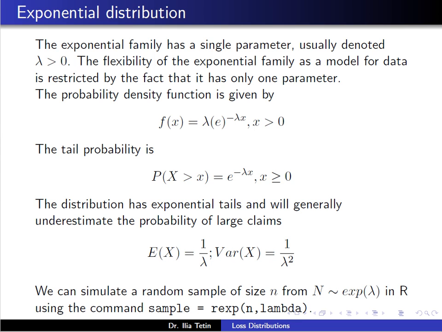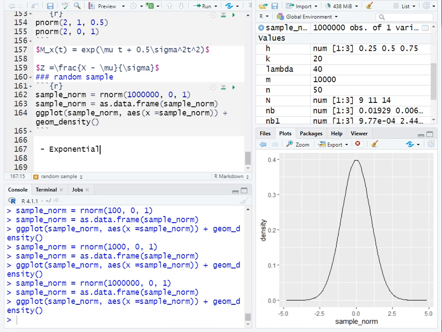So we generally don't use a thin tail distribution because we are talking about claims, and claims might be large in size, in dollar value, so we have to model them as fat-tailed, and the probability of those large claims should be a little bit larger. Like in our normal distribution, the probability that the claim will be that amount is infinitely small, and all the claims will be concentrated here.